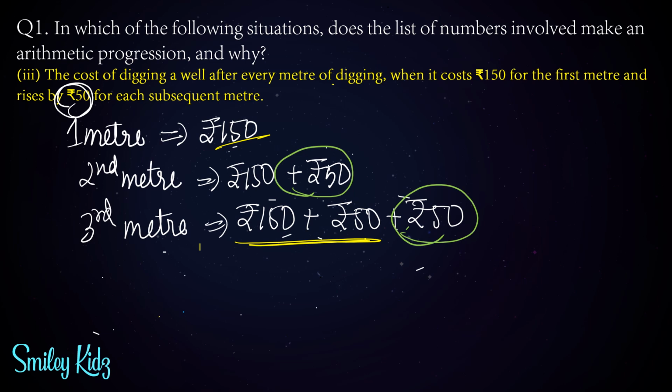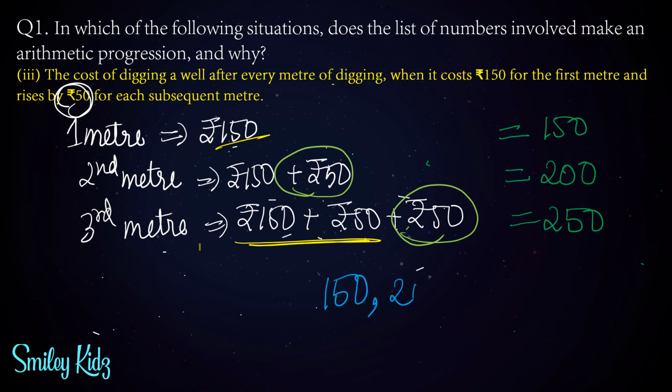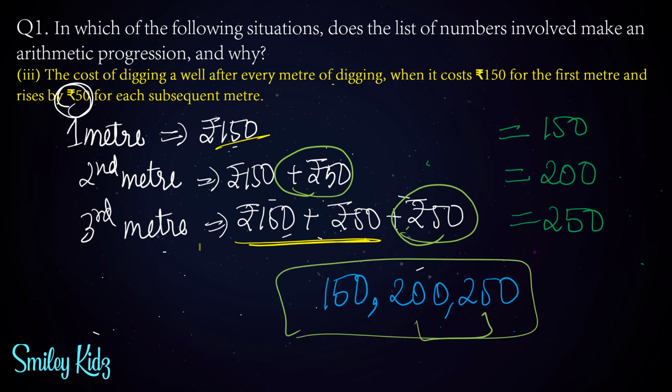Now the initial one is 150. Then we have 200. Then we have 250. Now let's write it. 150, 200, 250. Now is this an AP? Well, it is an AP because its common difference is 50 all the time. When the common difference is the same across all the numbers, the given set is an AP or an arithmetic progression.